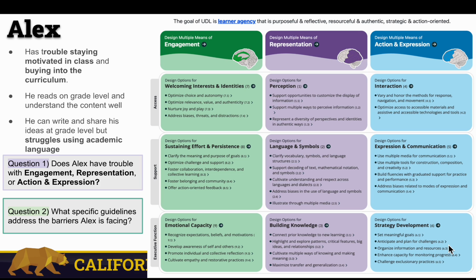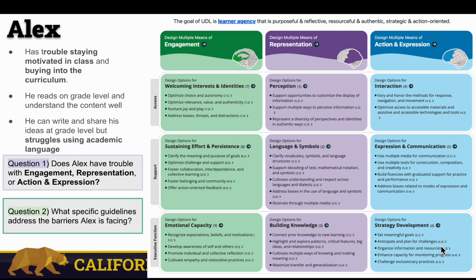Maybe I'm using some type of paragraph frame, or a word bank with some of the academic language, or because I'm anticipating that, maybe I front load some of that information. Let's see, organize information and resources. So maybe that's using a graphic organizer, etc.